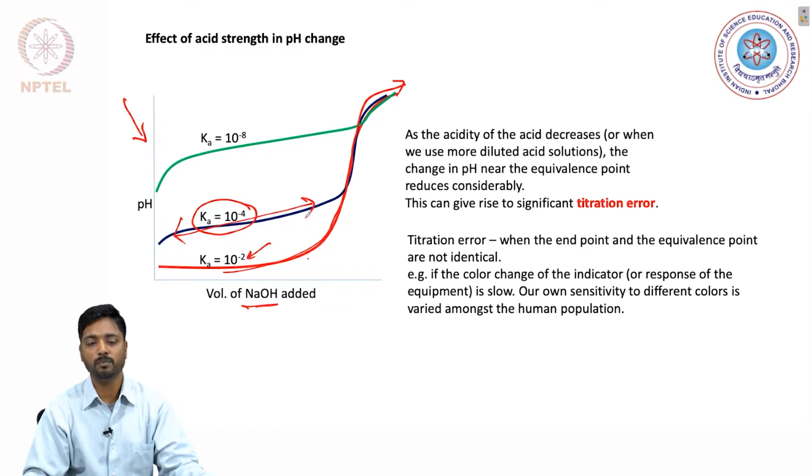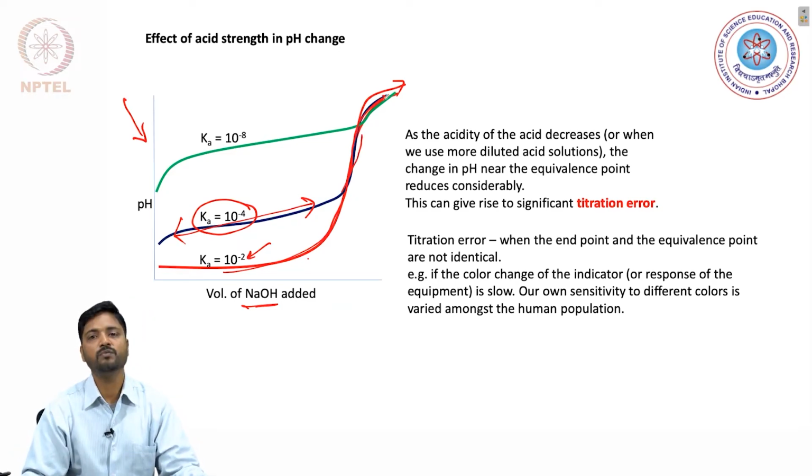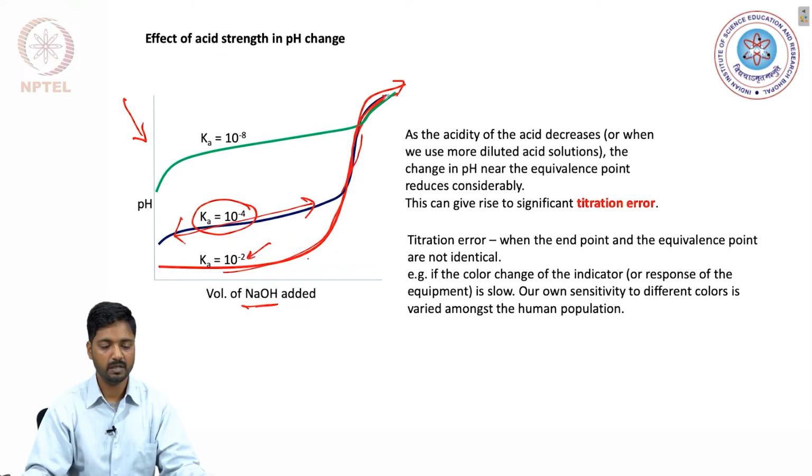It is some sort of a buffering regime, and more importantly, the change in the pH of the medium is much lower than what was happening with the first acid, where the Ka value was 10^-2.